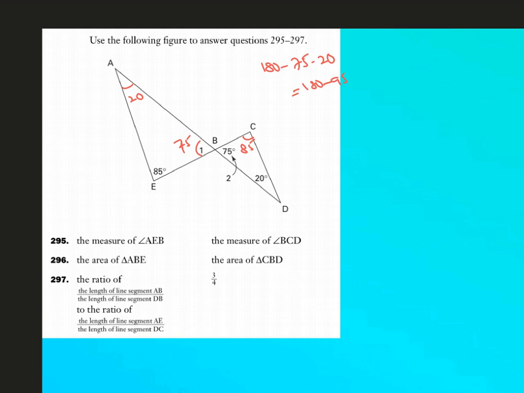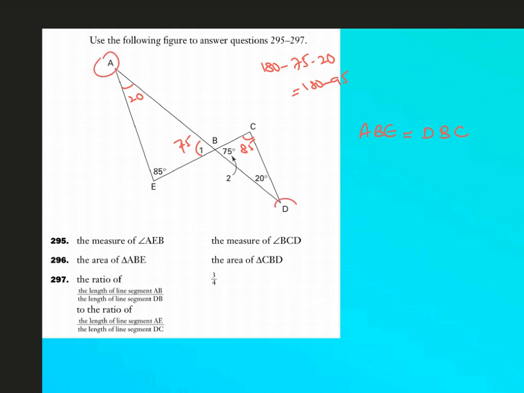So basically what we have here are 2 similar triangles. Similar triangles are basically the ones which have the sides in the same ratio and the angles are exactly the same. So if I talk about similar figures here, it's actually ABE is similar to DBC.